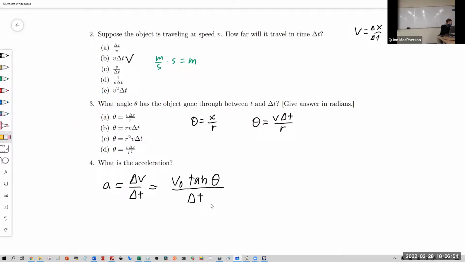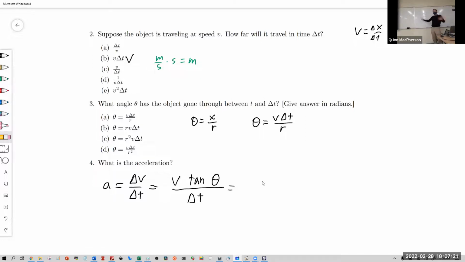Okay. Cool. And I'm just going to refer to V naught as just V, if you don't mind, because there's only one velocity or one speed. Okay, so because of this rule, which you checked with your calculators, as long as it's a small angle, and this only works in radians.